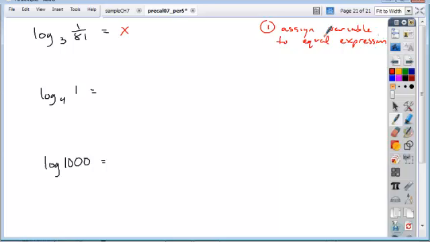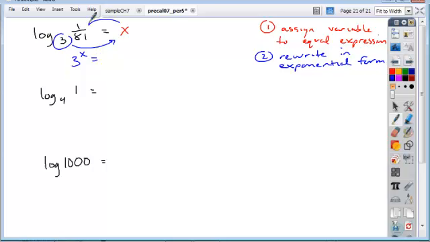All right, so if we assign this variable to equal our expression, and then we rewrite it in exponential form, so here we get base of 3 to the power of x is equal to 1 over 81. And then you go through and you follow all the steps for solving that exponential equation.